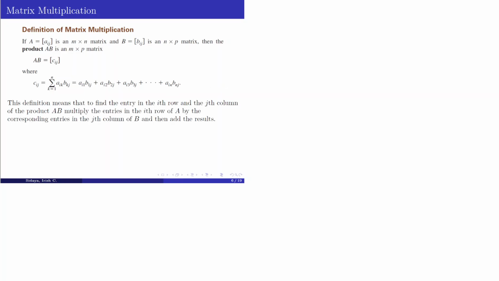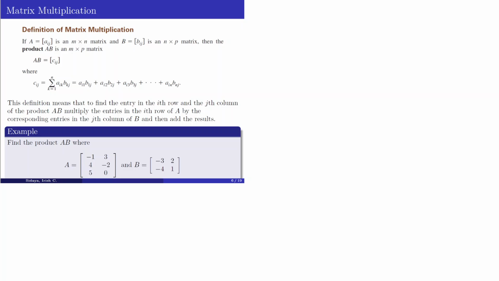This means that to find the entry in the ith row and the jth column of the product AB, multiply the entries in the ith row of A by the corresponding entries in the jth column of B, and then add the results. To make this clear, let us solve this next example.